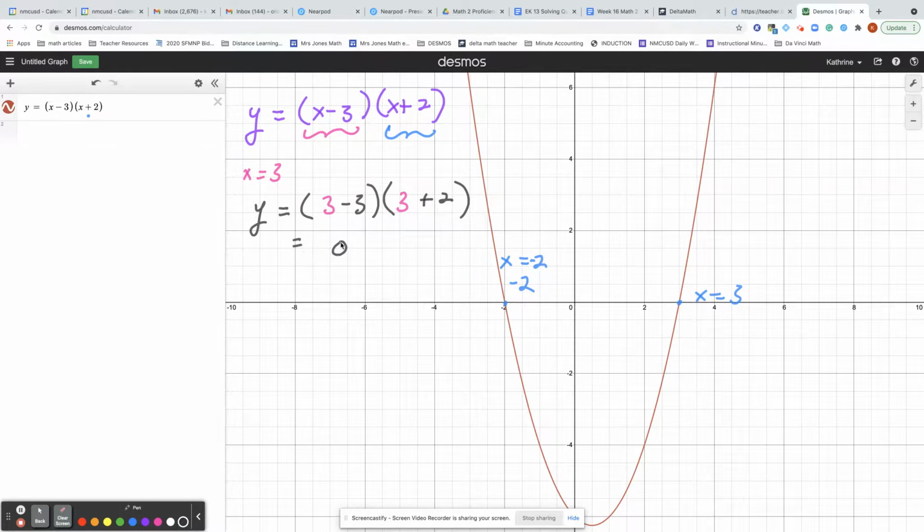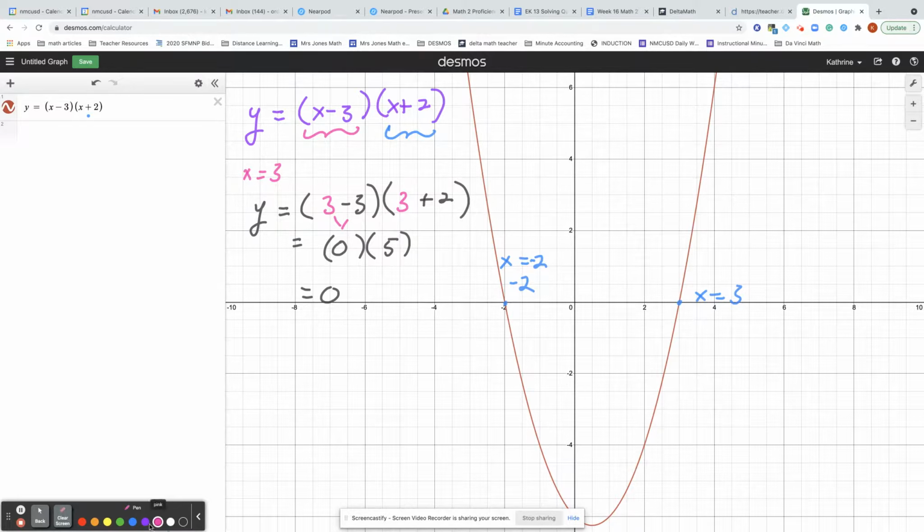This is 0 in parentheses times 5, which equals 0. So it isn't that the -3 is the x-intercept. It's that when we plug in x equals +3, it sets one of the parentheses to 0. So we plug it in, we get 0.